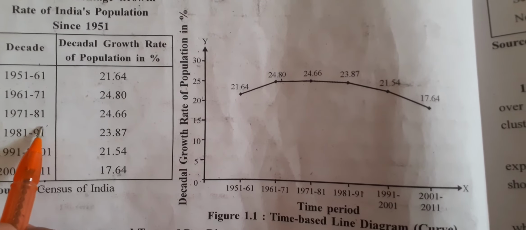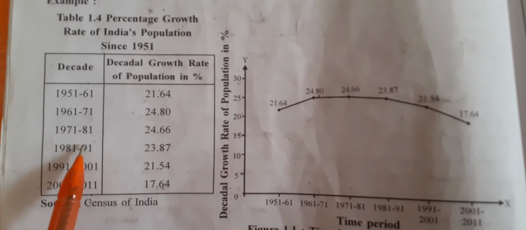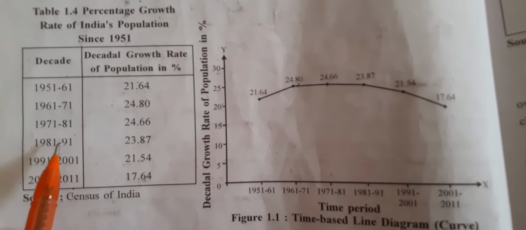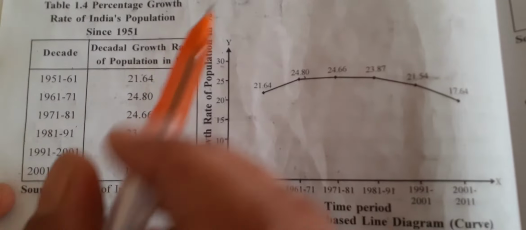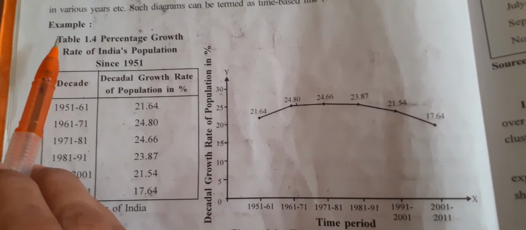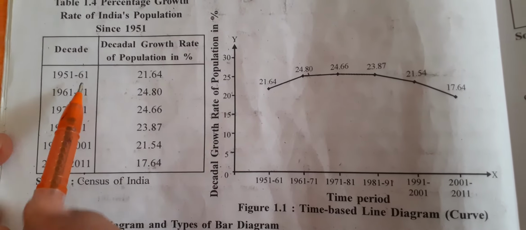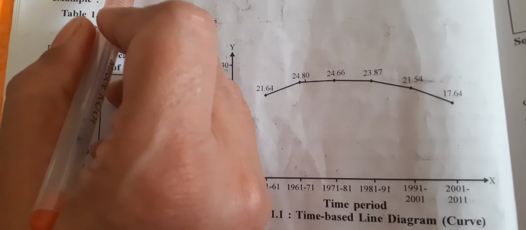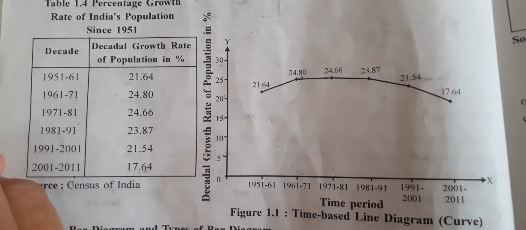As the years grow, if he grows up to 5 years, then his height will increase, so that is known as a dependent variable. Height is the dependent variable and the number of years is independent, because it keeps growing. So on the x-axis the independent variable is shown and on the y-axis the dependent variable is shown.